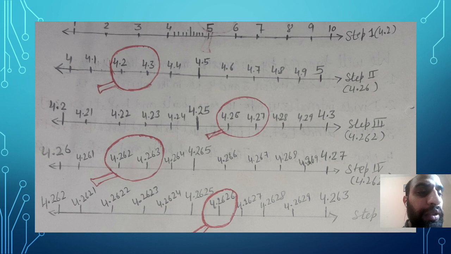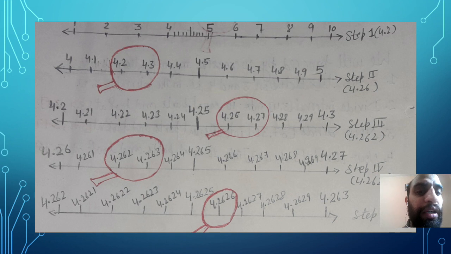So let's check the next digit, that is 4.262. First find where 4.26 is. It is the sixth number. So definitely the number 4.262 is greater than 4.26 and less than 4.27. It is just step number 3. That means once again 4.26 and 4.27 we need to divide into 10 equal parts.